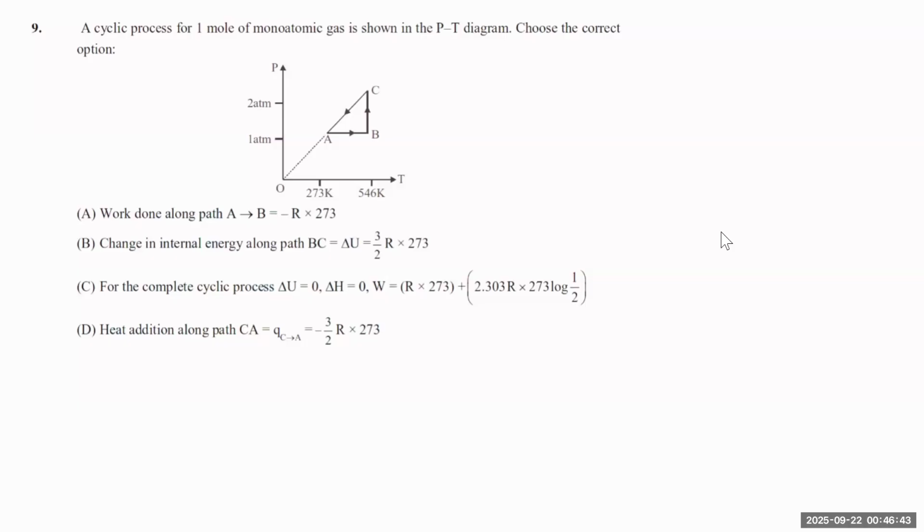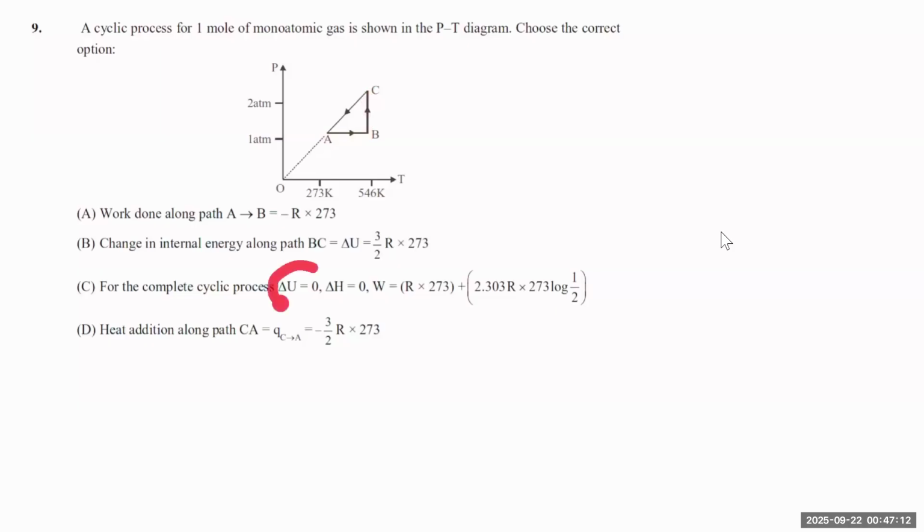Choose the following option. P versus T is given. So it is going from A to B, B to C, then C to A. A to B is isobaric process, B to C is isochoric process, C to A is some polytropic process. Clear? Based on that, we need to find out first A to B what is the work done, and internal energy change from B to C.